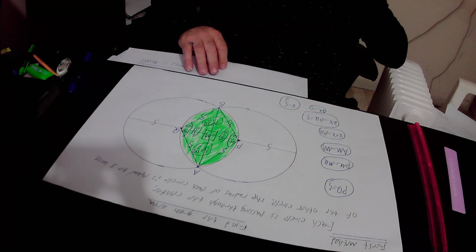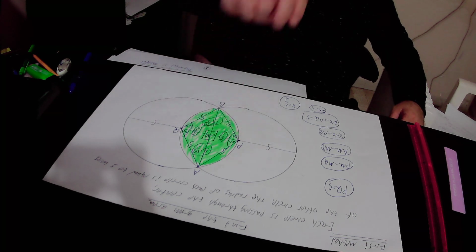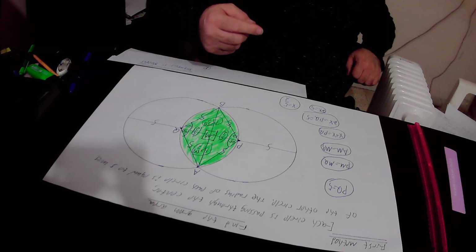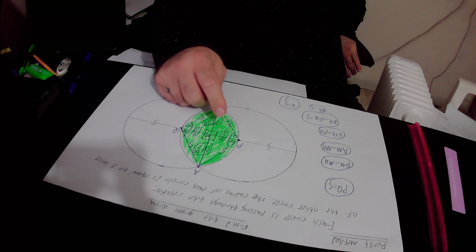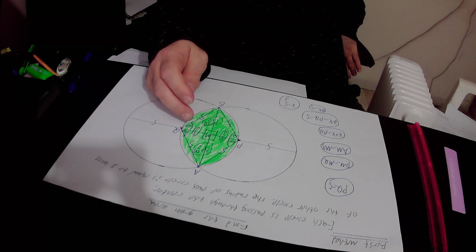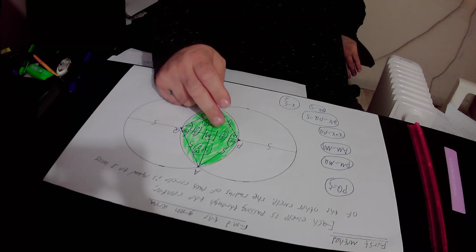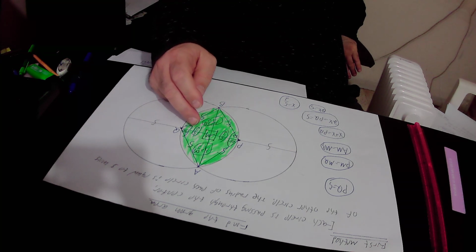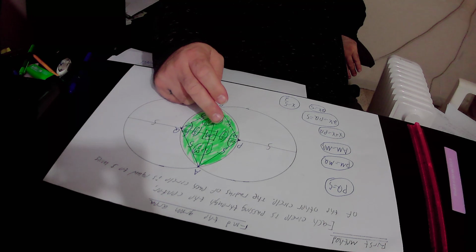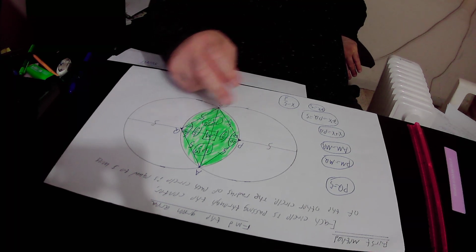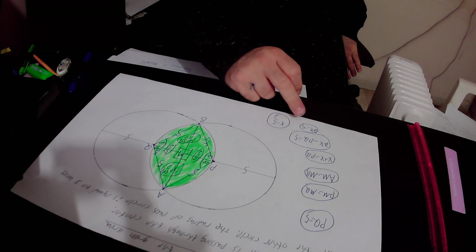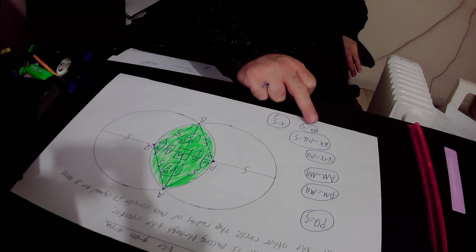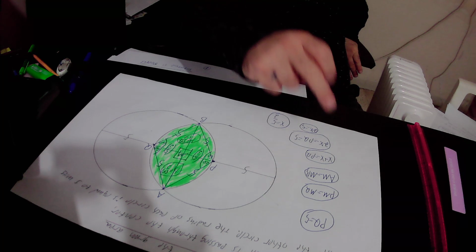From one side, we know that PQ equals 5 units. But from the other side, PQ also equals PM plus MQ. If we define PM as X, then MQ will also equal X. So PQ equals X plus X, that is to say PQ equals 2X from one side, but from the other side PQ equals 5 units.